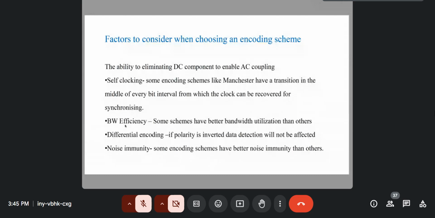Then we need bandwidth efficiency. Some schemes have better bandwidth efficiency than others. Especially for baseband schemes, as opposed to passband. In passband, when you talk of better efficiency, you're probably talking about being able to carry more bits within one symbol.